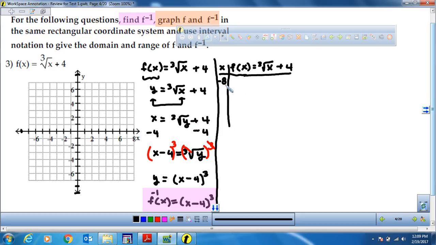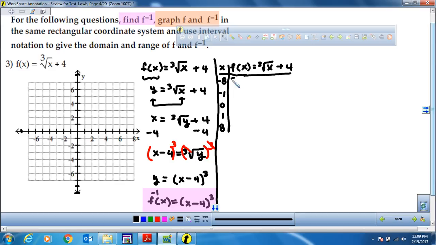Negative 2 cubed, which is negative 8, that's a perfect cube. Negative 1 cubed, which is negative 1. 0 cubed, which is 0. 1 cubed, which is 1. And 2 cubed, which is 8, so 8 is a perfect cube.